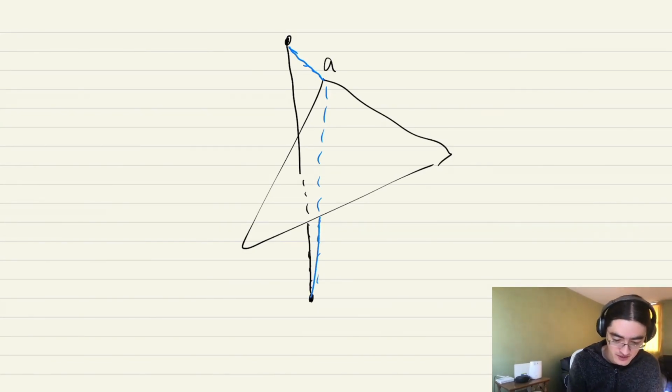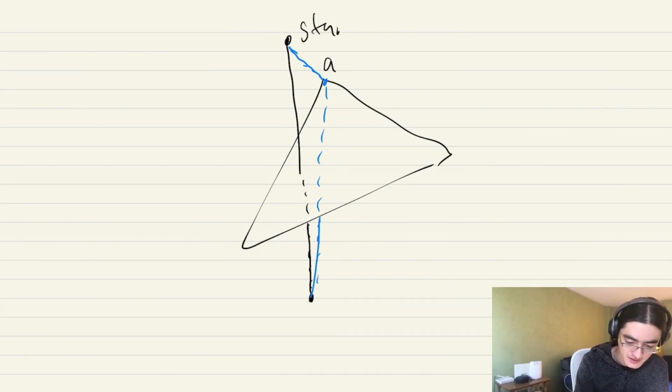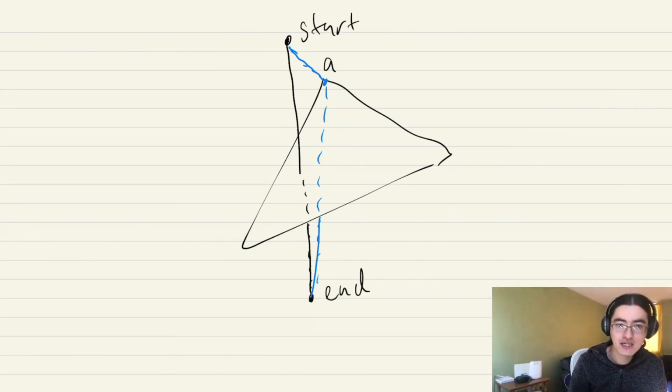So I hope you can see a triangle here that is formed with the start and end of the line segment plus the vertex A. And the idea is that this triangle, A, start and end, creates a plane also, and this plane will intersect the triangle.